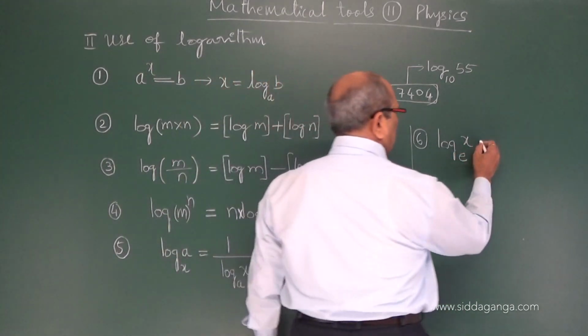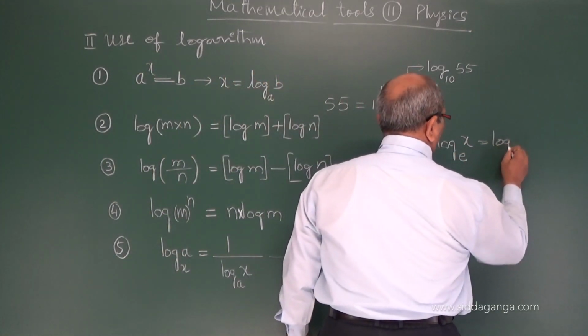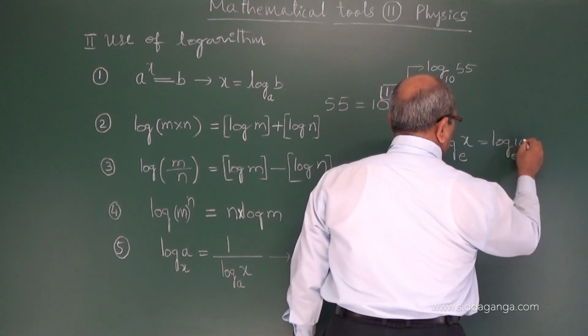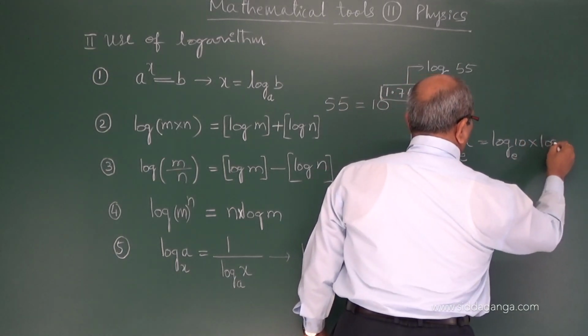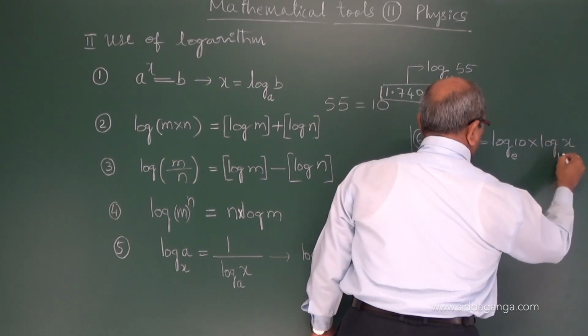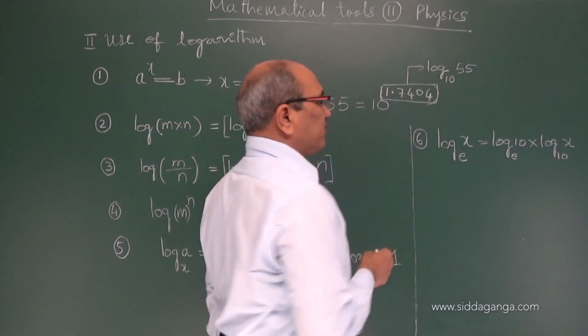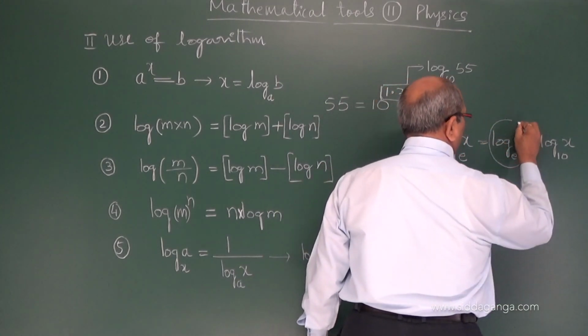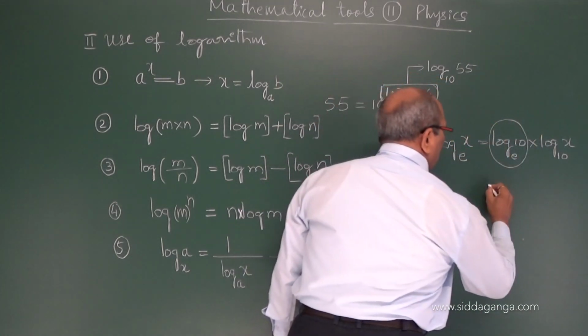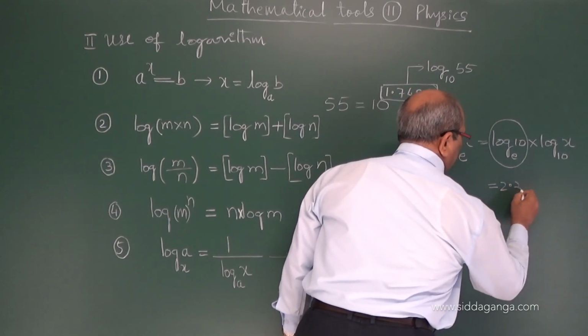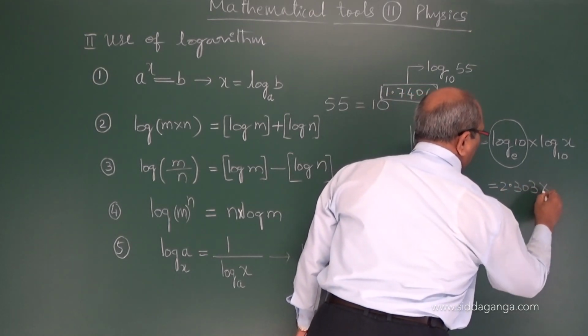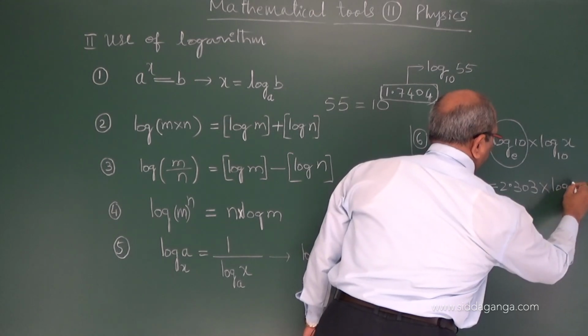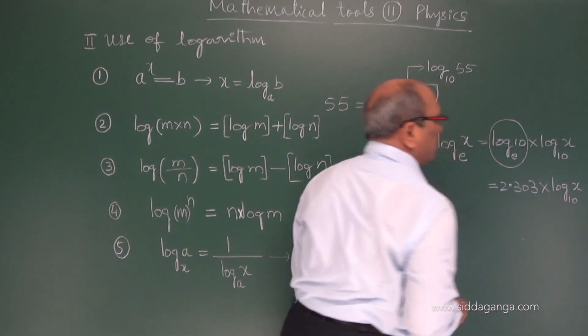For this I can write log of x to the base e as log of 10 to the base e into log of x to the base 10. The value of log of 10 to the base e is 2.303, so it is 2.303 into log to the base 10.